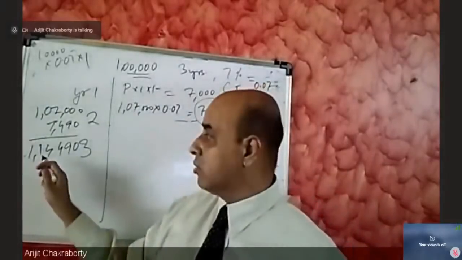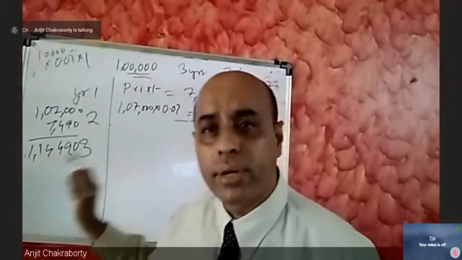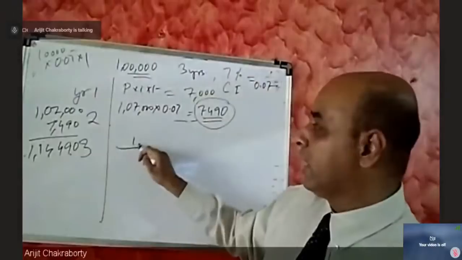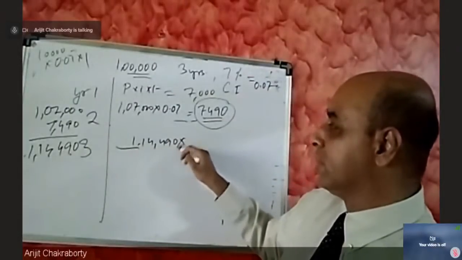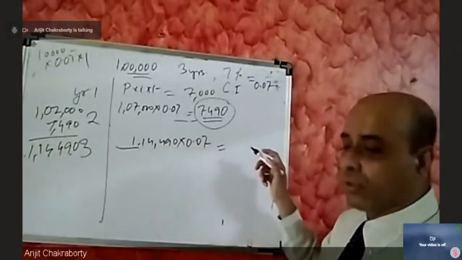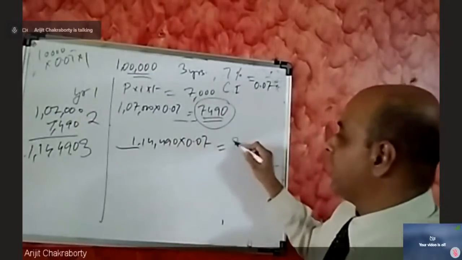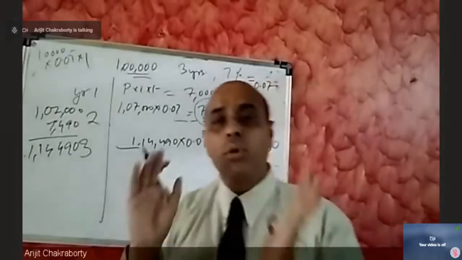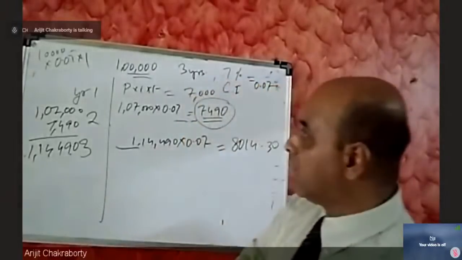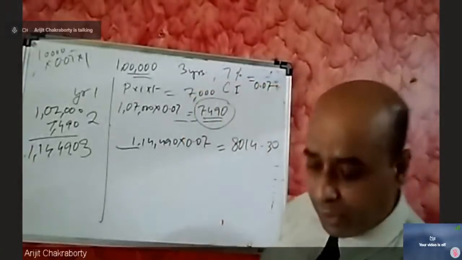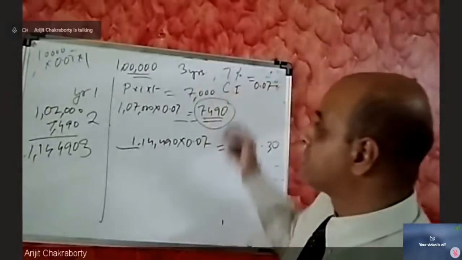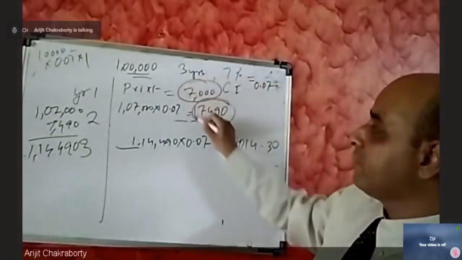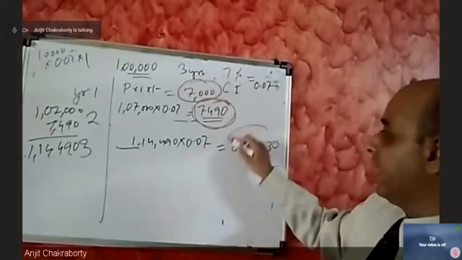On this amount, 1,14,490 in the third year, 1,14,490 into 0.07, you are going to earn interest of 8,014.30. So the total interest which Saina is going to earn in these 3 years will be the sum of 7,000 plus 7,490 plus 8,014.